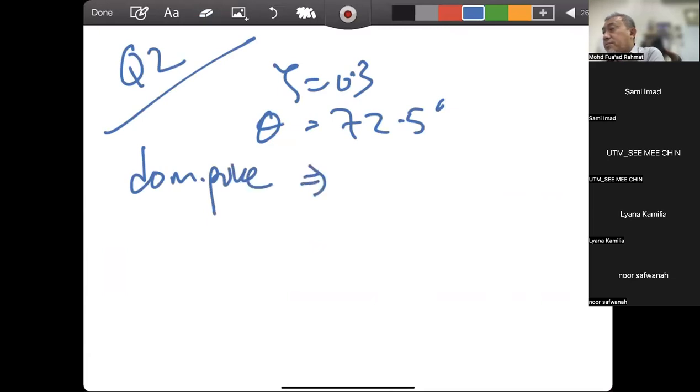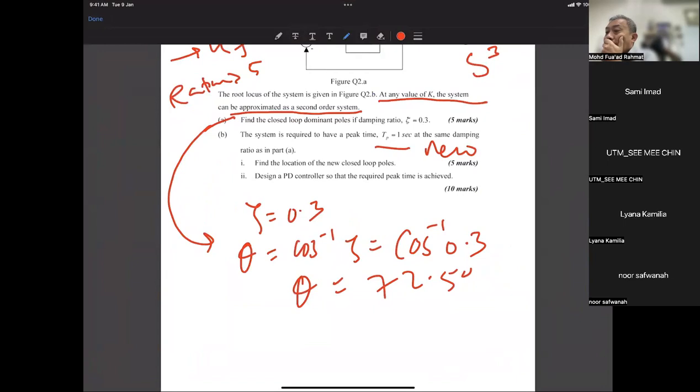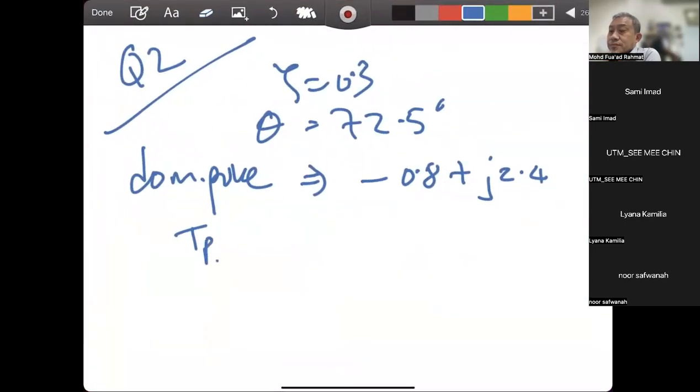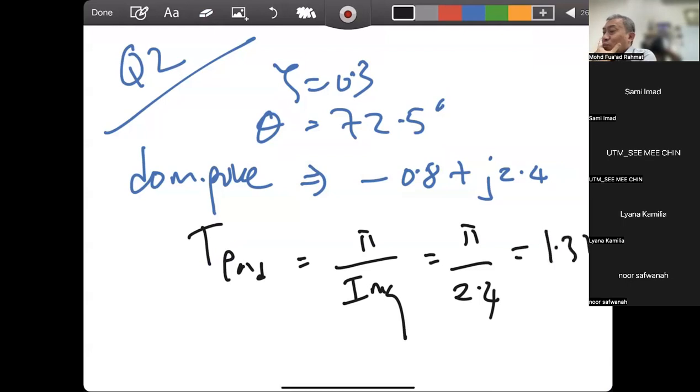From the dominant pole, the old peak time is pi divided by 2.4, which is 1.31 seconds.